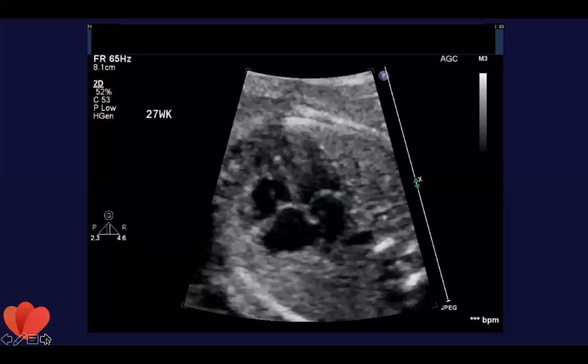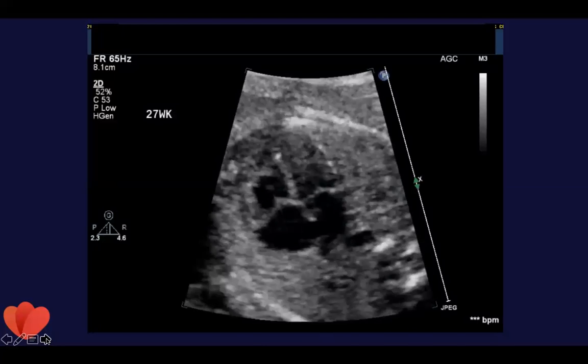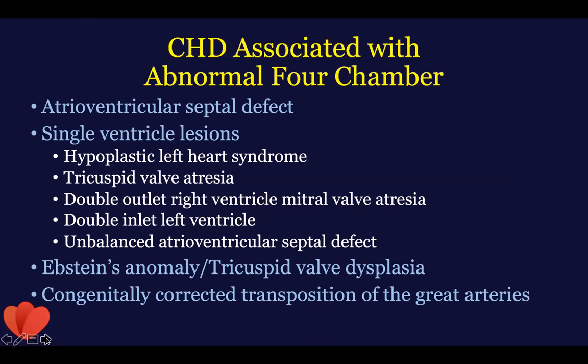Now moving on to our abnormal examples, we'll first start off with what you can diagnose in a four-chamber. An atrioventricular septal defect, mostly the complete atrioventricular septal defects, single ventricle lesions, hypoplastic left heart syndrome, tricuspid valve atresia, double outlet right ventricle, mitral valve atresia, double inlet left ventricle, unbalanced atrioventricular septal defect.